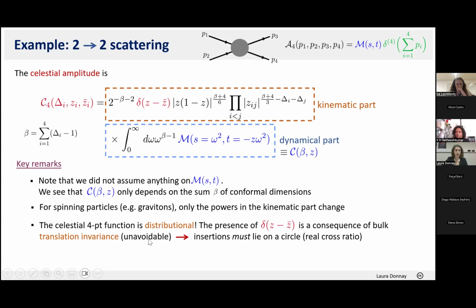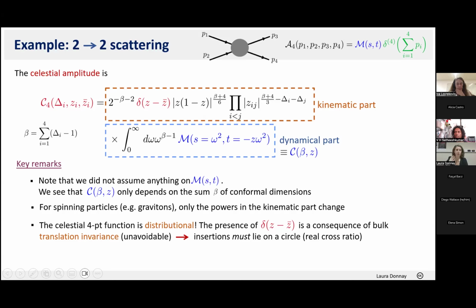And so in this sense, this is unavoidable. So the moral of the story is that you have a 4-point amplitude in the bulk, which is translation invariant. Once you do this Mellin transform, so once you go to the celestial basis, you will hit in your face this delta function here.